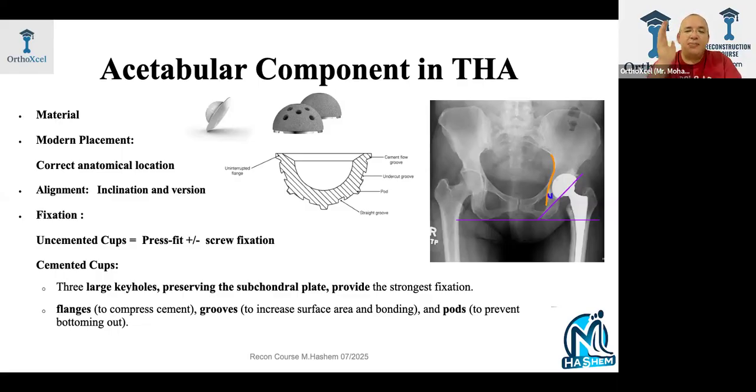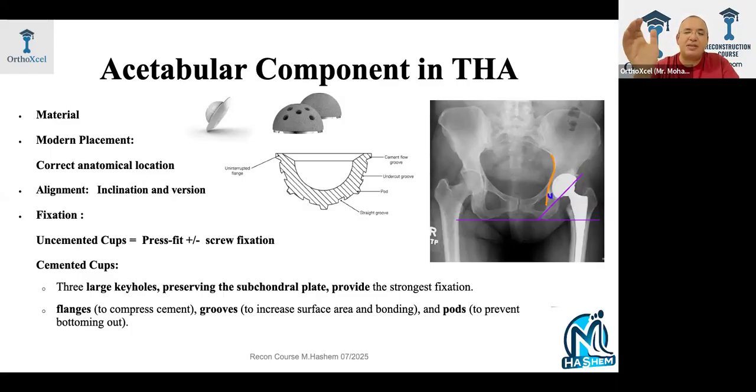Okay, so if I'm planning to use a cemented cup, how will the material be different if I plan to use an uncemented cup? If you plan to use a cemented cup, what you need is as little force as possible going across your cement interface.